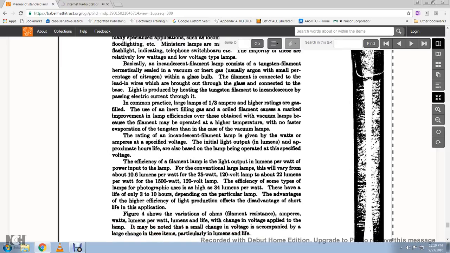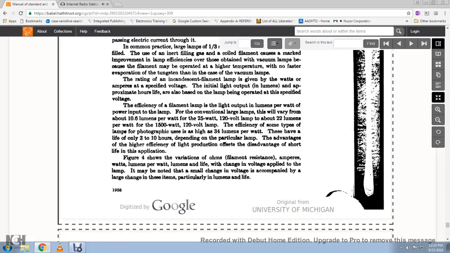The rating of an incandescent filament lamp is given in watts and amperes at a specified voltage. The initial lamp light output in lumens and approximate hours of life are also based on the lamp operated at a specified voltage. The efficiency of a filament lamp is the light output in lumens per watt of power input to the lamp.